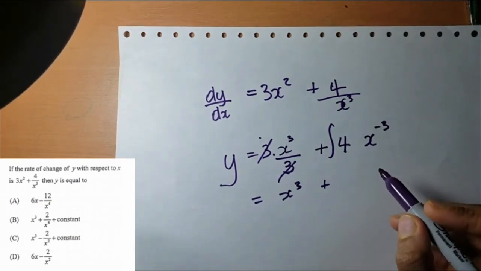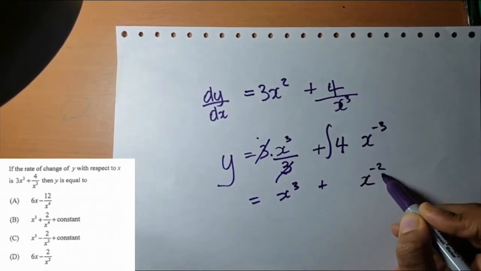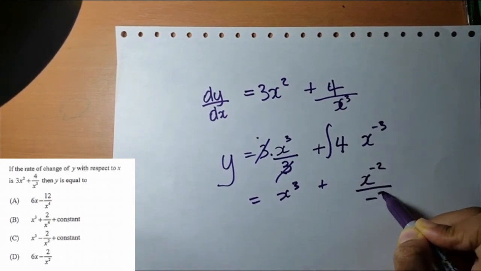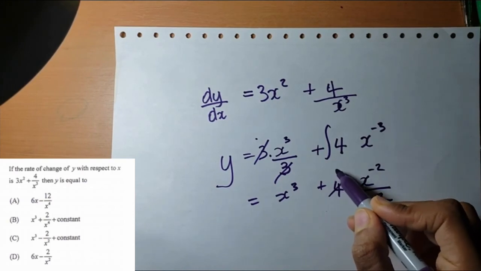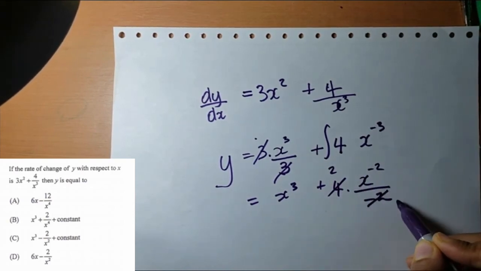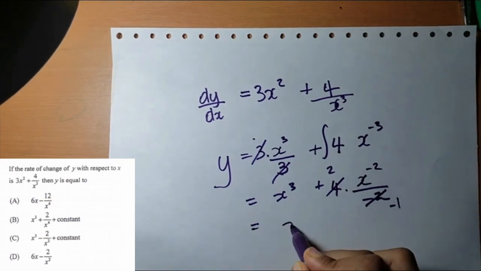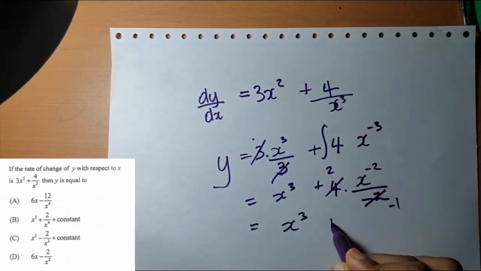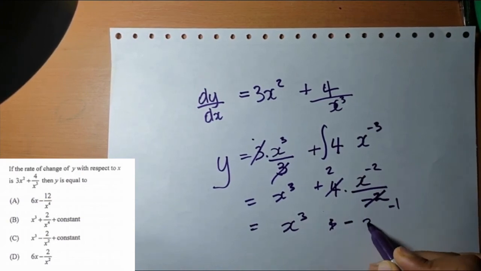So we're going to add 1 to the power, and we're going to divide by the minus 2. And we would have the 4. So then that would be x cubed plus, no, because we have the minus now, we'd have minus 2.